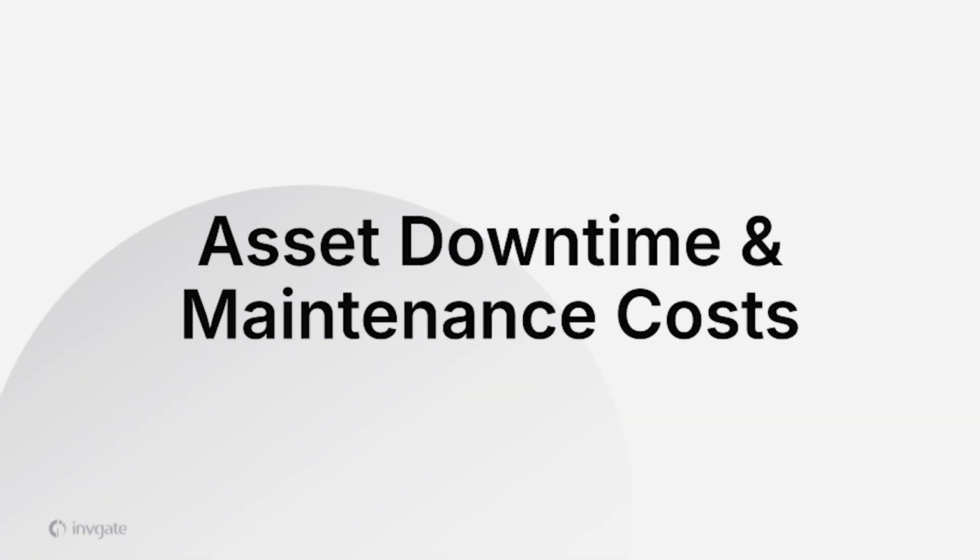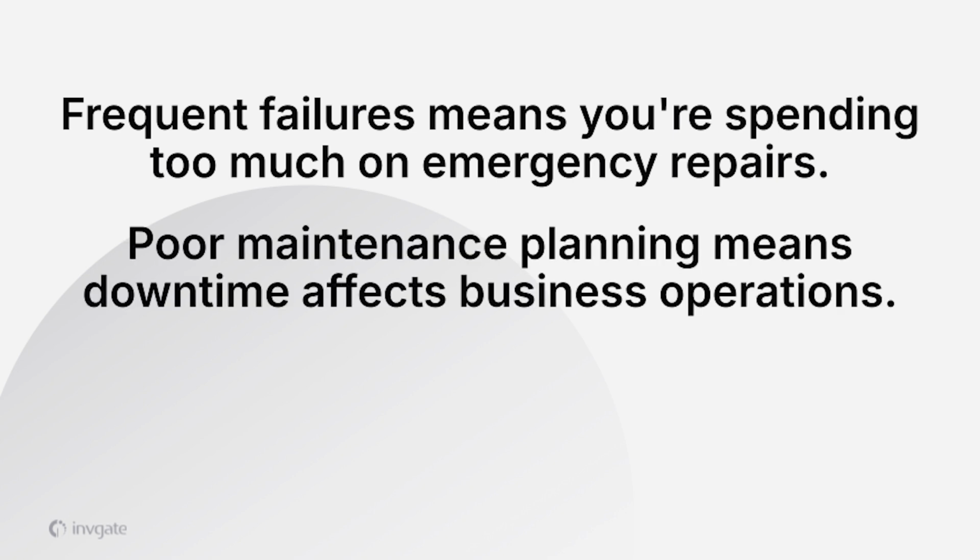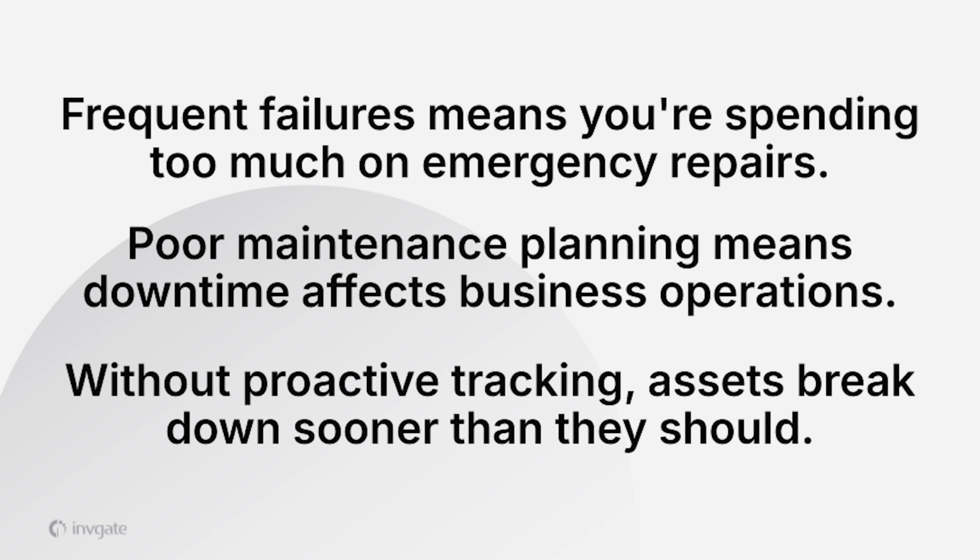Number 4, asset downtime and maintenance costs. Every time a critical device goes down, it impacts productivity. Frequent failures mean you're spending too much on emergency repairs. Poor maintenance planning means downtime disrupts business operations, and without proactive tracking, assets break down sooner than they should.